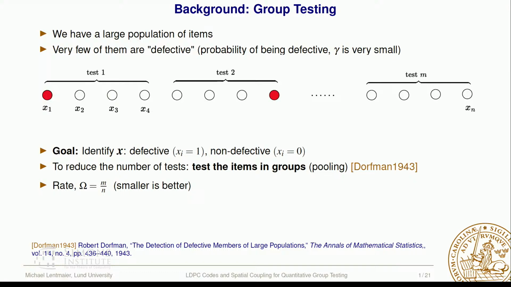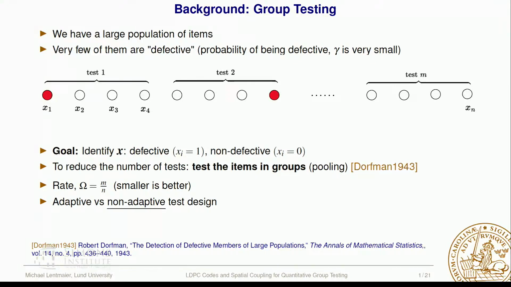If the rate is small, it means we have a small number of tests relative to the total number of items. And then there are adaptive methods that do these tests sequentially and design the next items to test in a sequential adaptive order, but we are here considering the non-adaptive case.